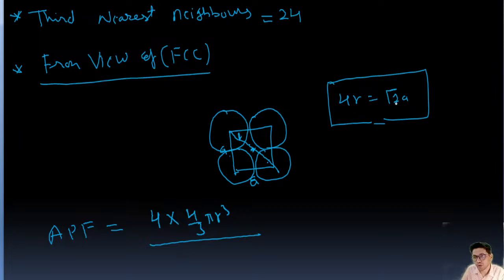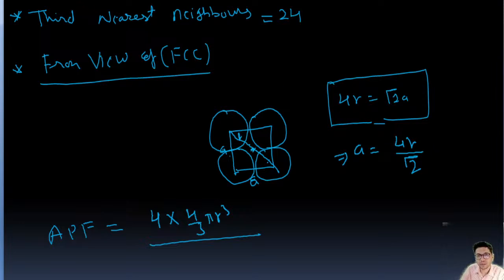From this relation we can get the value of A. A is 4R upon root 2.